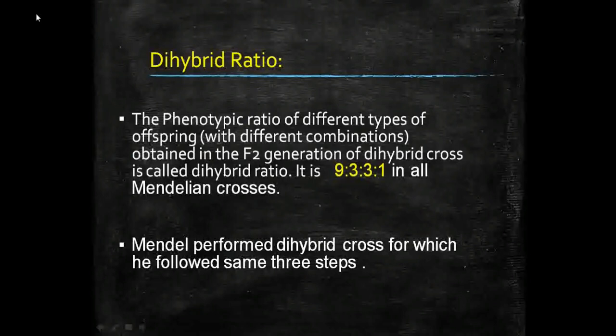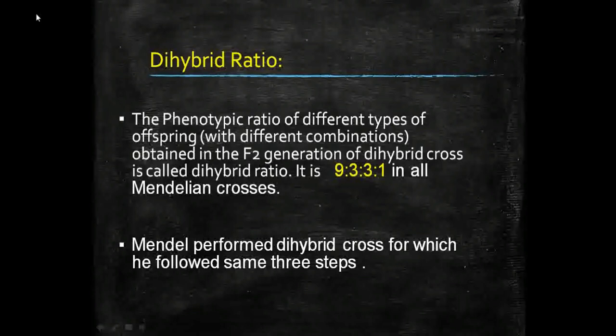It means he did a number of experiments taking other contrasting characters, not only color and shape of the seeds, and in all those experiments he saw the same ratio, 9:3:3:1.